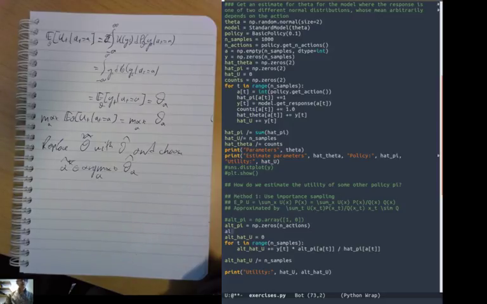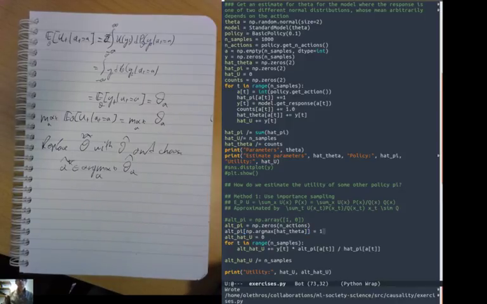Then we write alt pi argmax, okay, of theta hat equal to 1. Yeah, that seems to work.